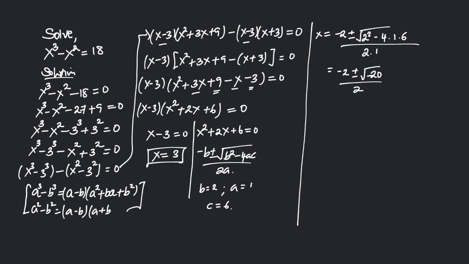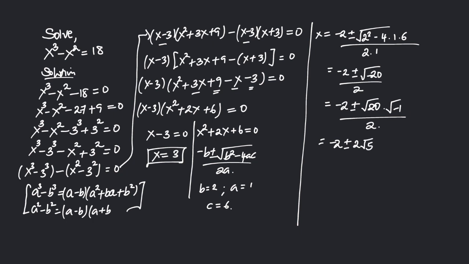And we can rewrite the square root of negative 20 as such. We'd have minus 2 plus or minus the square root of negative 20, which can be rewritten as the square root of 20 times the square root of negative 1, and everything is over 2. So we can simplify this further into negative 2 plus or minus the square root of 20, which can be simplified into 2 root 5.